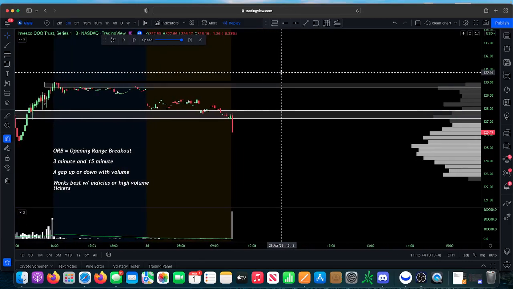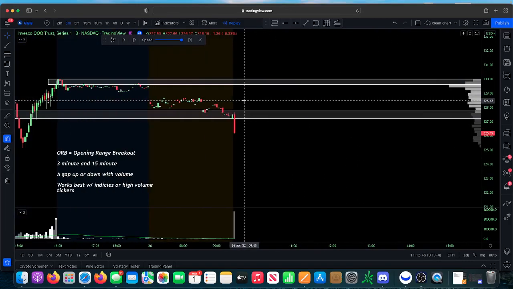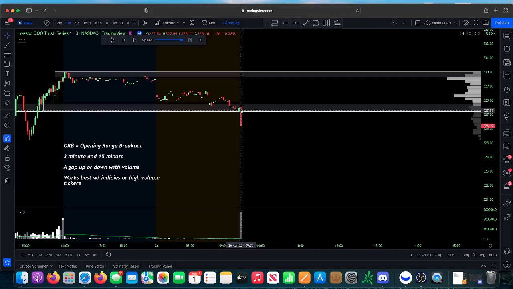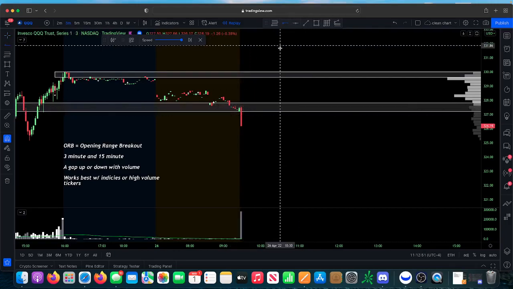Boom. So first candle is a huge red candle. So this is our opening range, this first candle.